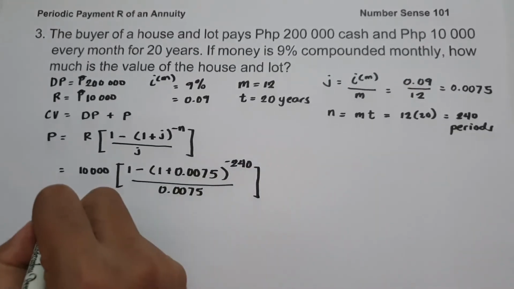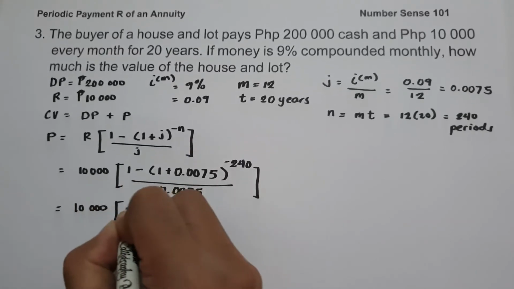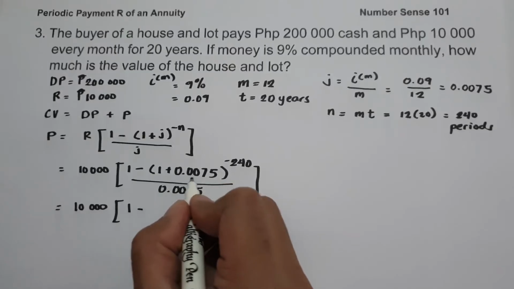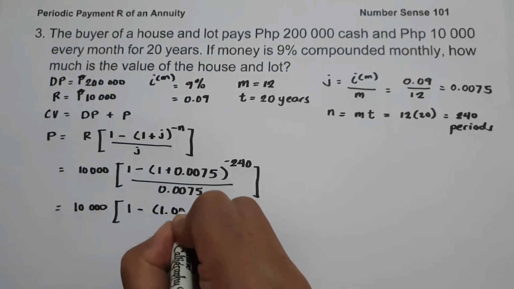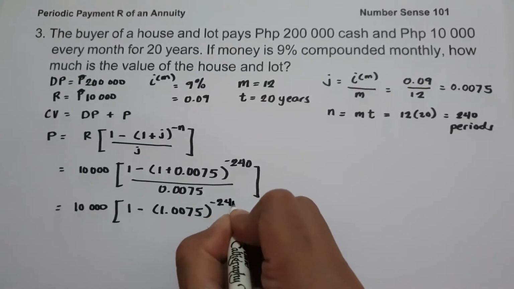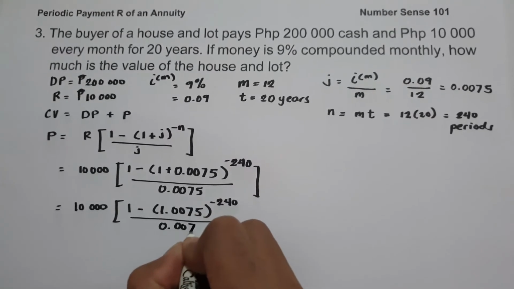So let us simplify. Let us write 10,000 times quantity 1 minus 1 plus 0.0075, that is 1.0075 raised to negative 240 all over 0.0075.